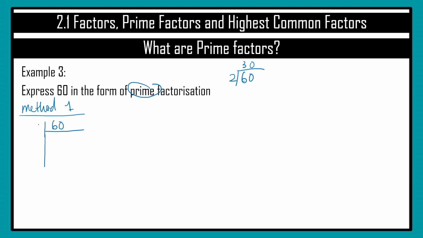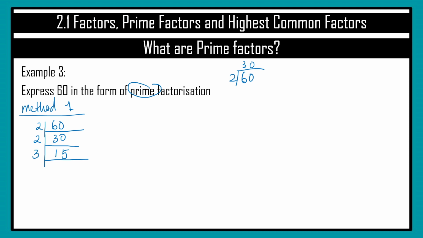Alright, so just now when we divide 60 with 2, we get 30. Let's check. Can 30 divide with 2? Okay, so 30 still can be divided with 2. We are going to get 15. Now 15 cannot divide with 2. The next number in prime factor is 3.